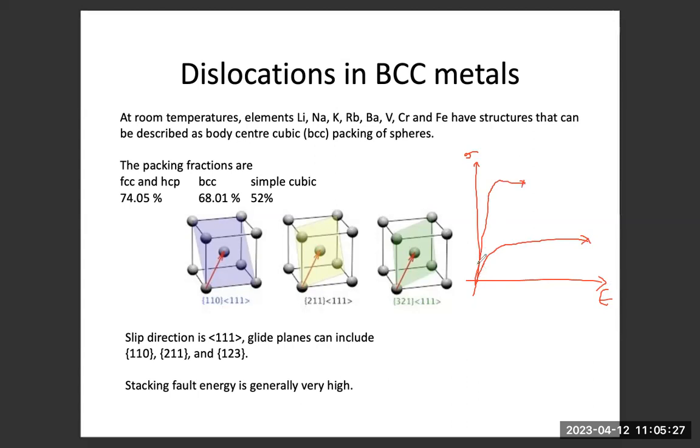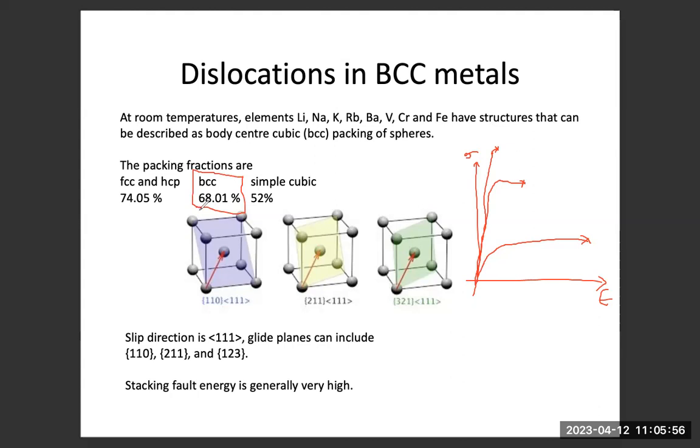For martensites, BCT, body-centered tetragonal, there is mostly very limited ductility and plasticity. Basically, the main reason, first, is that it is not close packed. Second, we don't necessarily need more slip systems.